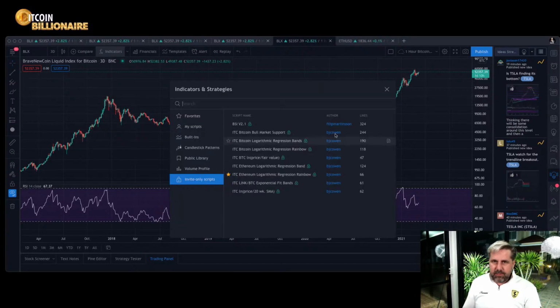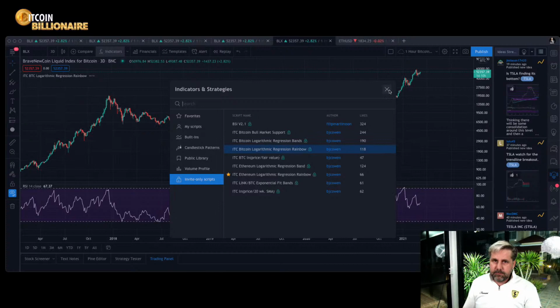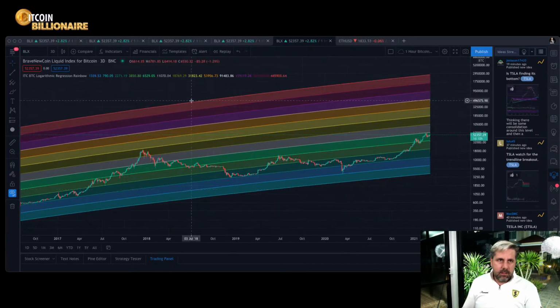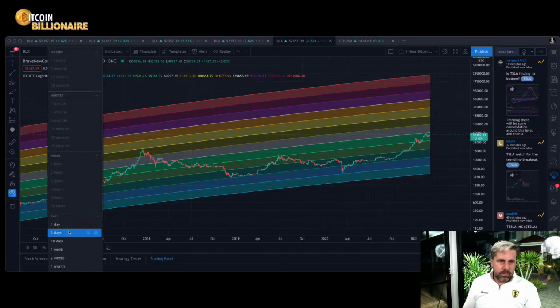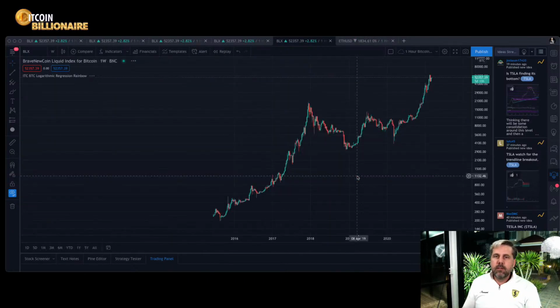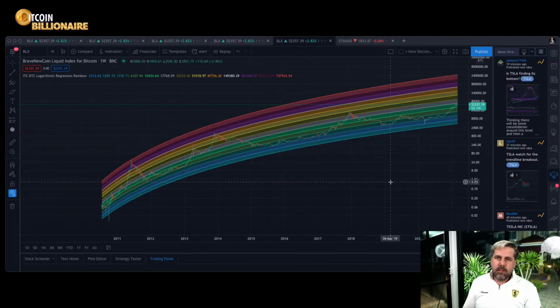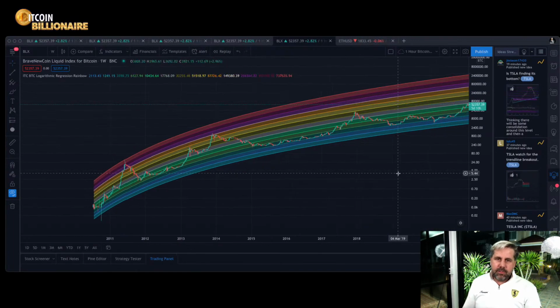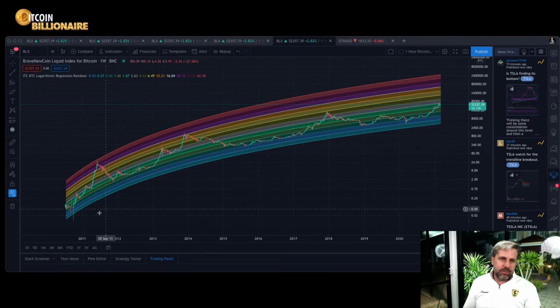These indicators are not available in TradingView. So I wanted to look at this. Let's get rid of that, and let's go to 1 week. This shows us how Bitcoin has been behaving since 2011.